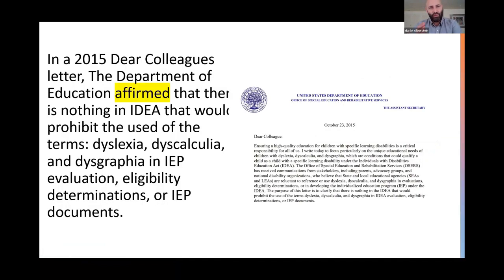And also in 2015, in a Dear Colleague letter, the Federal Department of Education affirmed there's nothing in IDEA, the federal special education law, that would prohibit the use of dyscalculia, dyslexia, or dysgraphia in IEP evaluations, eligibility determinations, or IEP documents. So you can use these terms. Again, I would be careful with when you do and when you don't, thinking about how it's going to benefit the student as a whole, and make it a team-based decision. So that's something to consider as well.